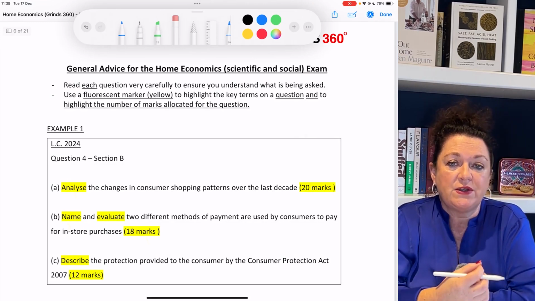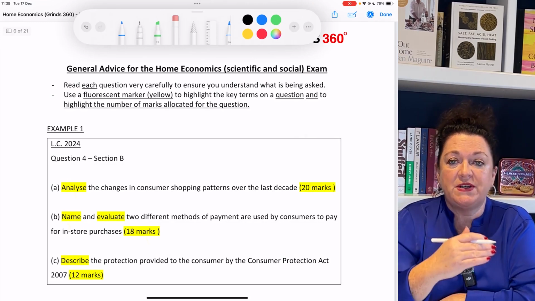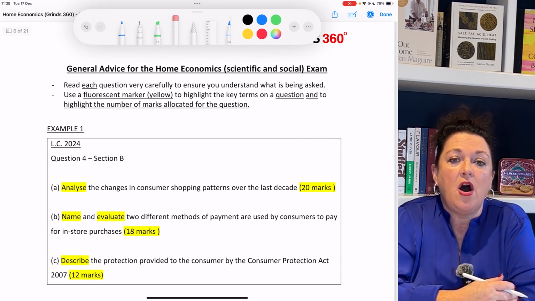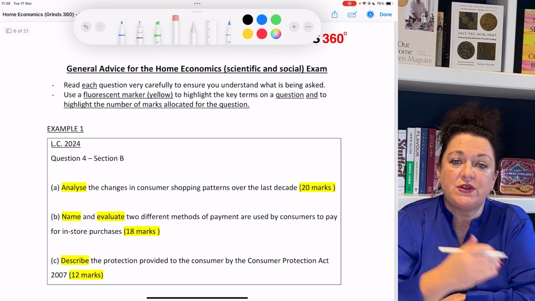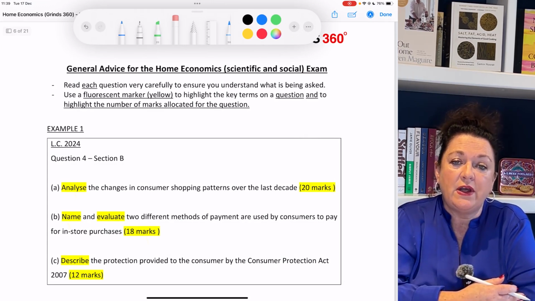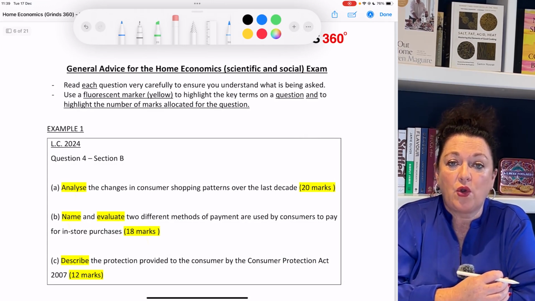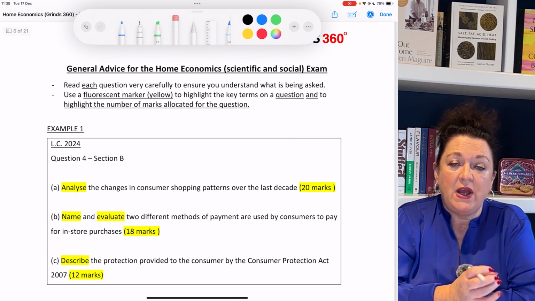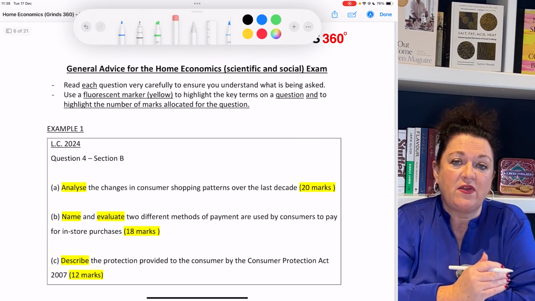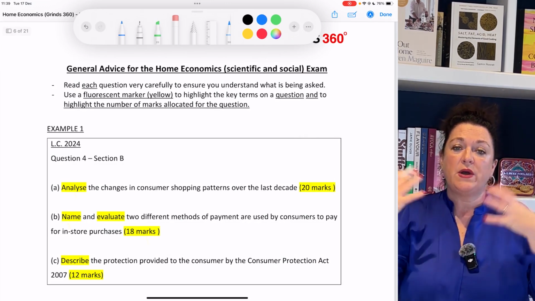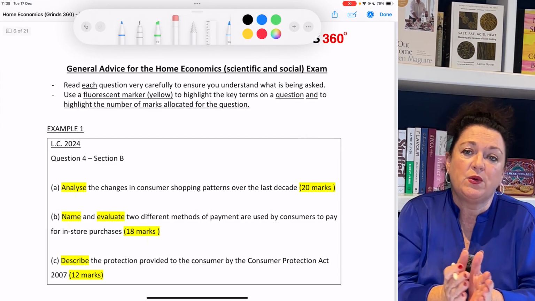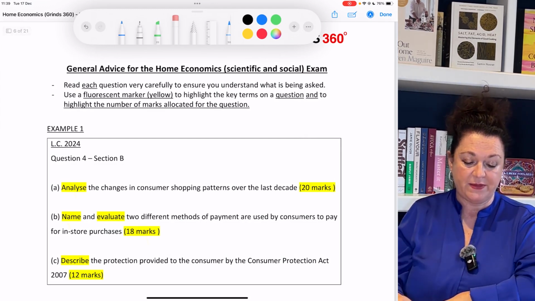These types of questions we know can come up either on part D or part E on question 1 on section B, but they can also come up as part of the 50-mark questions or even in the question for the core. So just be aware of that before the exam and make sure you have practiced these types of questions. They usually relate to what is going on, I suppose, in the world at present.